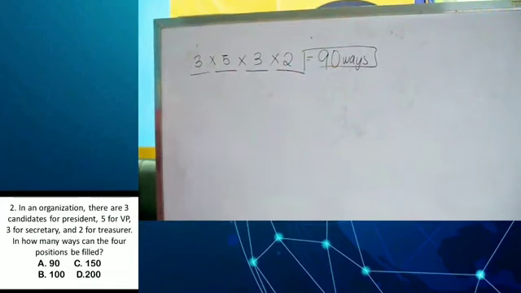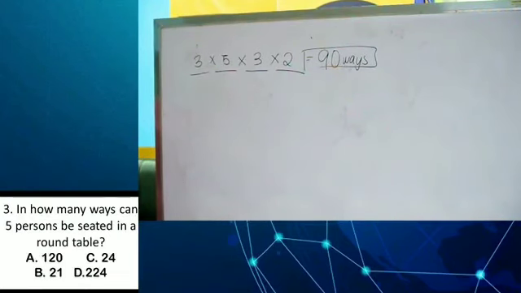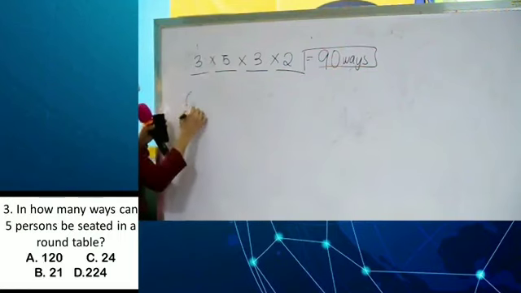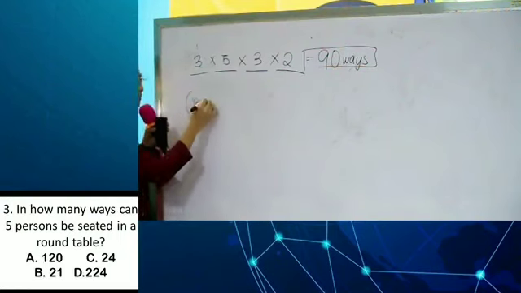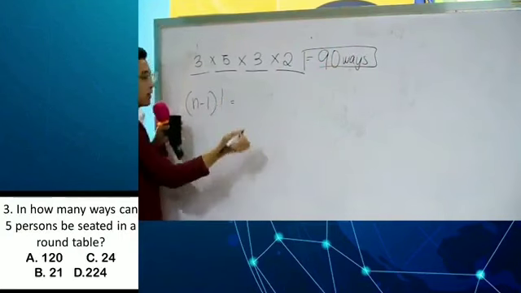Next question. In how many ways can 5 persons be seated in a round table? So, be careful with this type of question kasi ang nasa situation is round table. So, for round table, gagamit po kayo ng circular permutation formula, where n is the number of objects, minus 1 factorial.